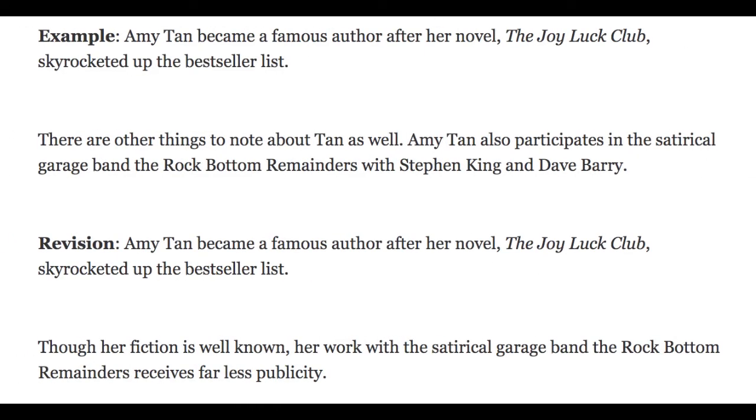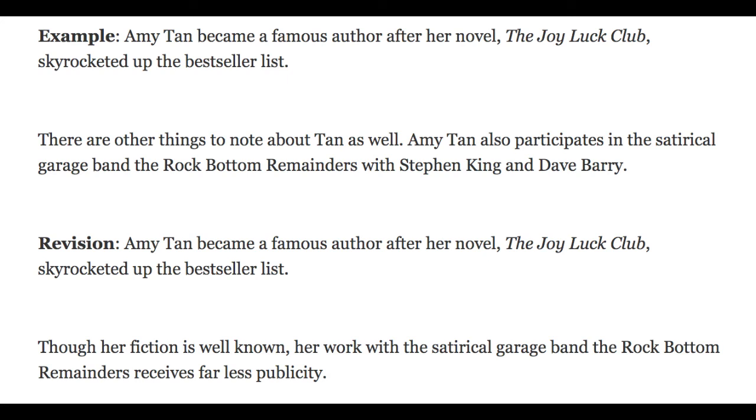Another example we have here is: Amy Tan became a famous author after her novel The Joy Luck Club skyrocketed up the bestseller list. The additional information is: there are other things to note about Tan as well. Amy Tan also participates in the satirical garage band The Rock Bottom Remainders with Stephen King and Dave Barry.